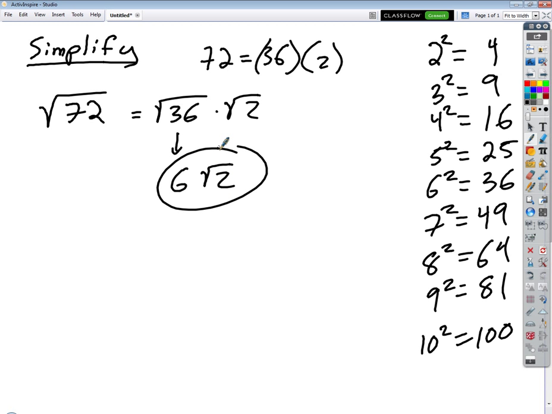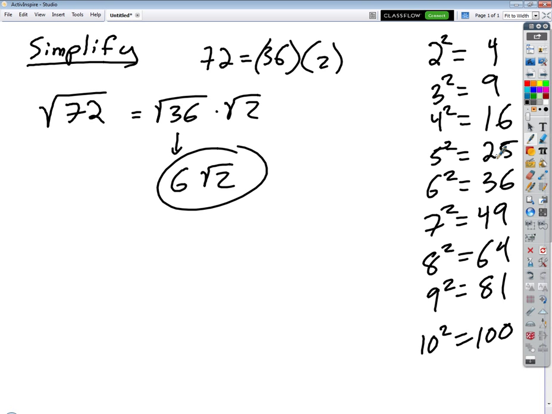Remember, what we want to do is get the square root of a perfect square, because look what it does. It ends up being 6, right? Square root of 49 would be 7. Square root of 25 would be 5. Okay, that's the goal. We want to try to get the biggest number outside the radical if we can, and get the number inside to be the smallest. All right?